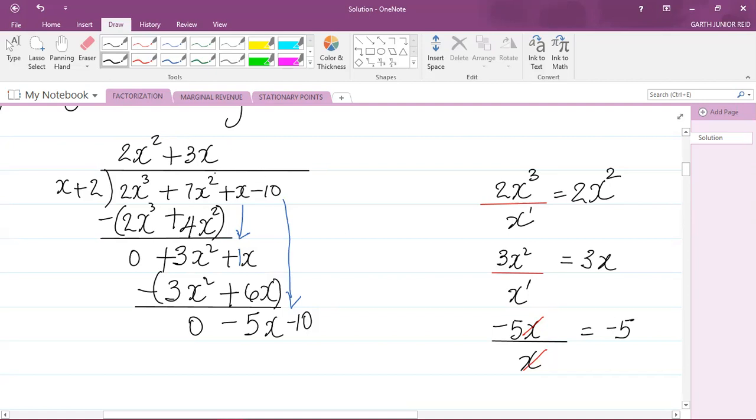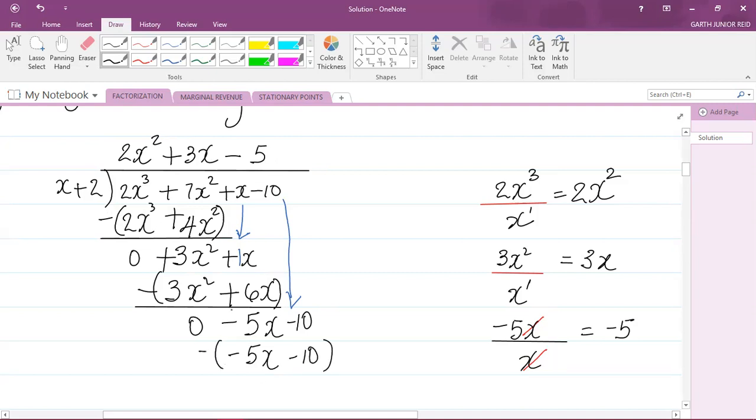So that negative 5 will be here in my quotient. And I'm going to multiply that negative 5 by the divisor, x plus 2. So negative 5 multiplied by x will give me a negative 5x. And negative 5 multiplied by 2 will give me a negative 10.